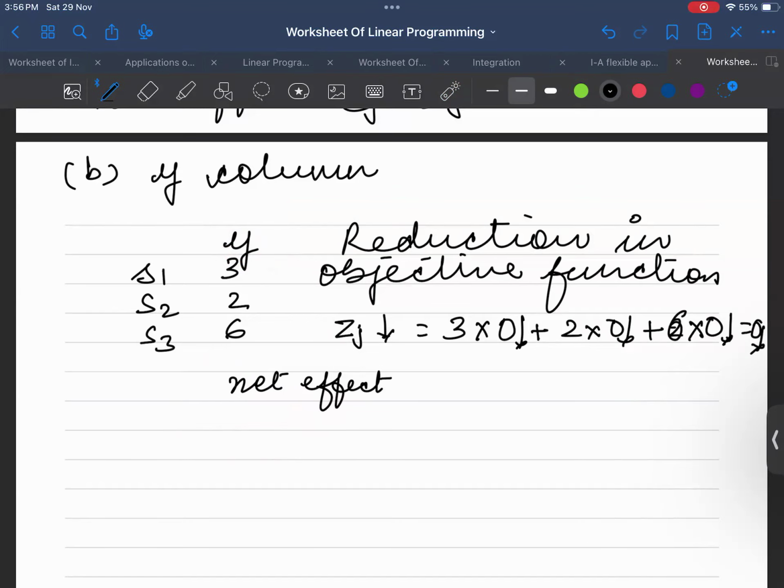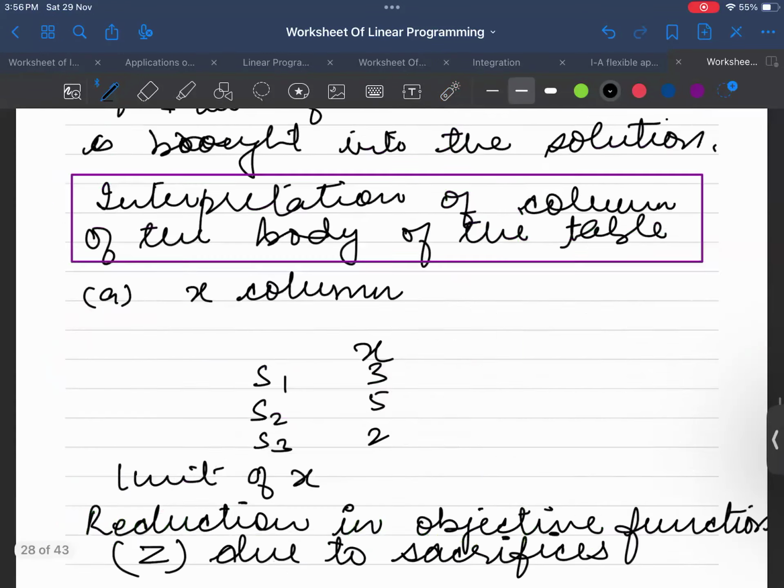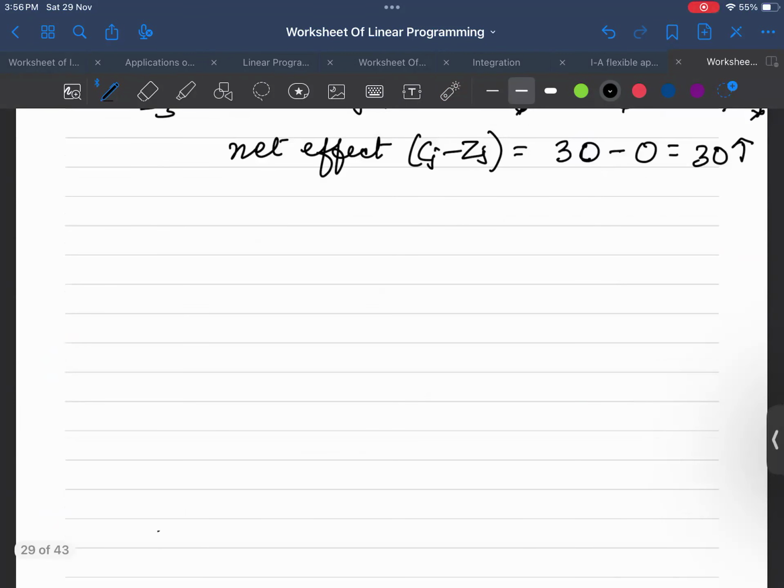Cj minus Zj is 30 minus 0, which is 30. That would be my net effect.